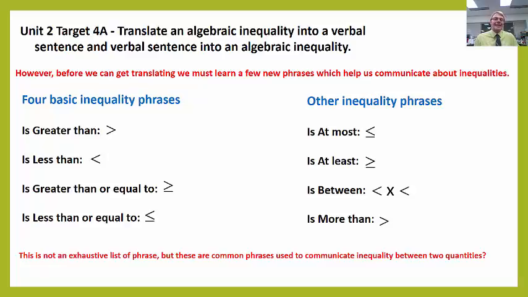But when we put the word is in front of greater than, less than, more than, that now changes the meaning of the phrase to be talking specifically about our inequality symbols. Remember that, because we're going to have phrases that have just less than, and phrases that have is less than. We've got to make sure we know when we're talking about an operation versus an inequality symbol.